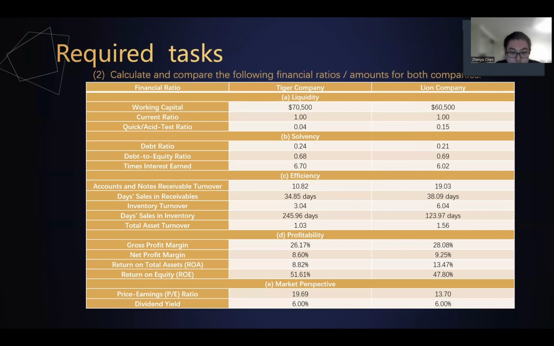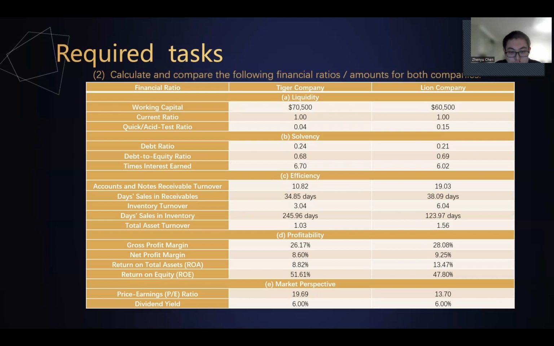In market perspective, Tiger company has a higher PE ratio of 90.69 compared to Lion company's ratio of 60.70. It entails that investors are willing to pay a higher price for Tiger company's shares relative to its earnings.